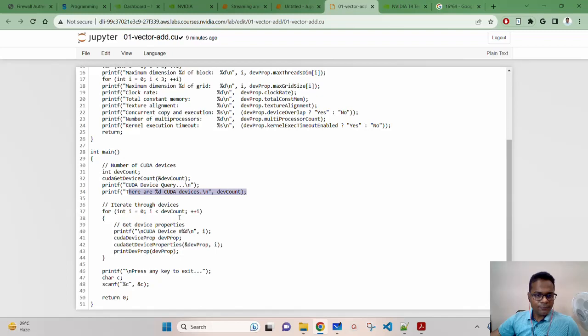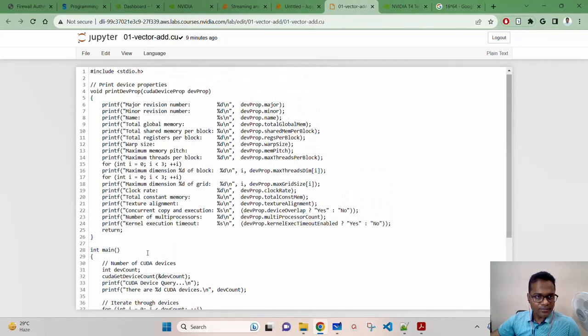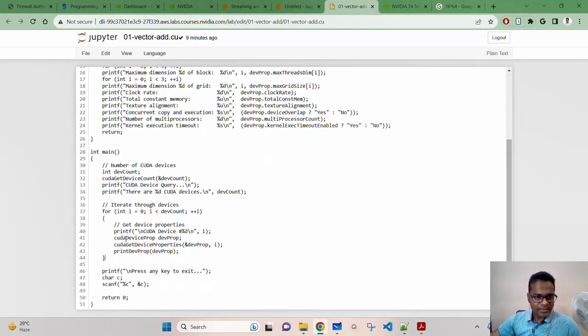And if you see here, I have created a variable devProp of type cudaDeviceProp. This cudaDeviceProp is a structure which holds all the details about the GPU that I'm referring to. The for loop is just in case you have multiple devices present in your system, so it will go through all the devices and print the properties of each.